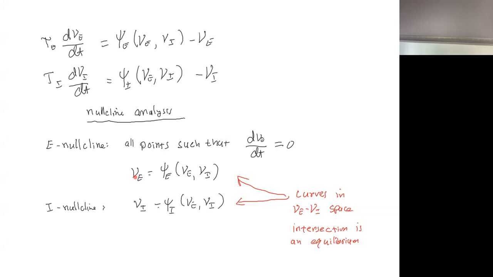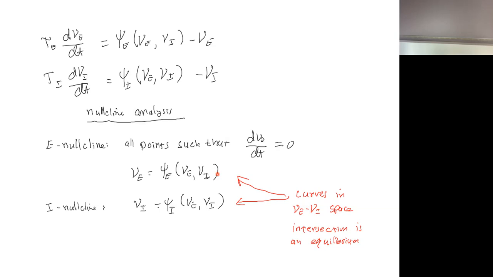Basically, it's hard to plot things in 2D, but it's easy to plot things in 1D. This is actually something I did last time. So I do it more formally, but if we fix the excitatory firing rates, then we just have a function of one variable, psi E of nu E with this fixed, and we can easily find graphically the value of nu E that satisfies this equation.